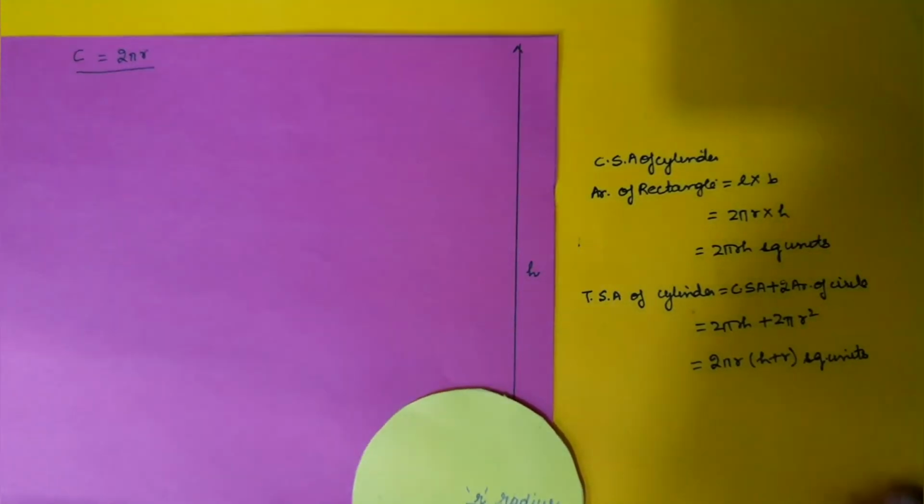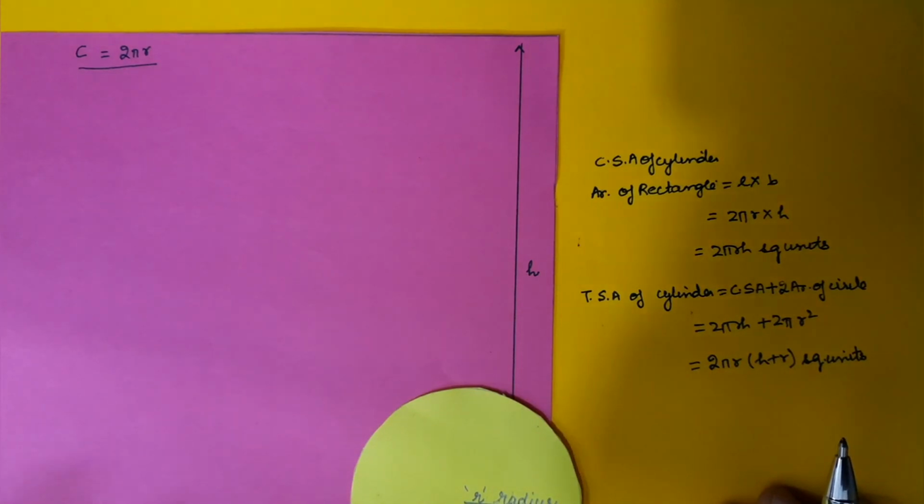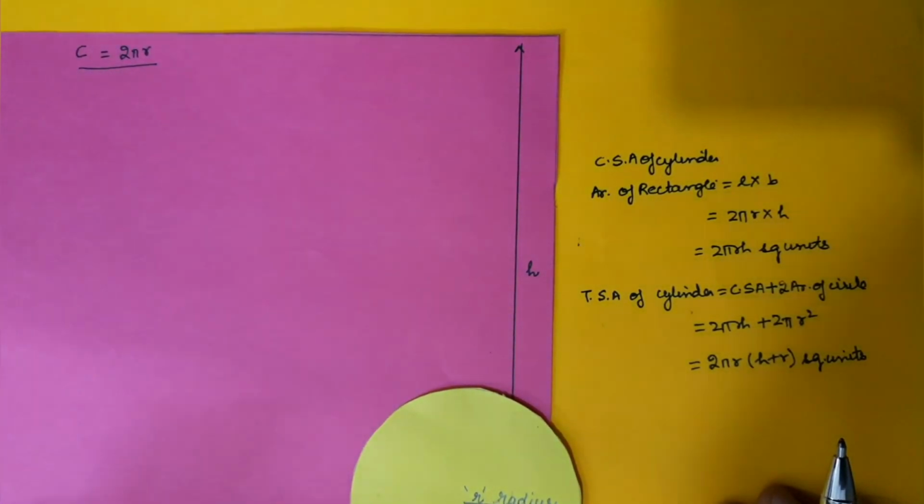And then you are supposed to write your observations like this while you paste the net for the cylinder. Besides that, you will also write your observations under the heading observation.